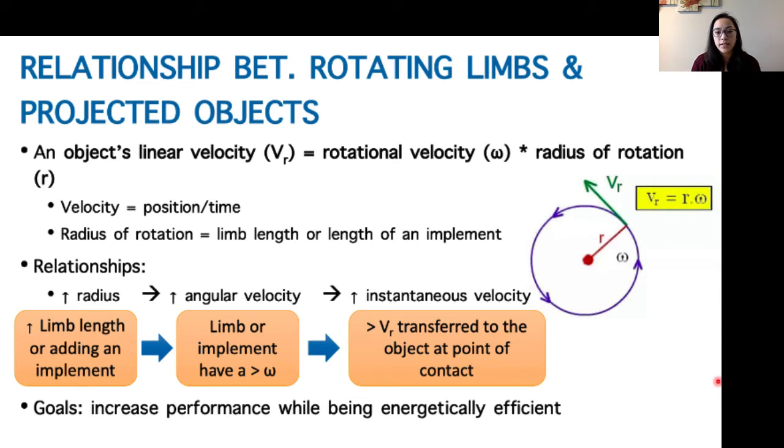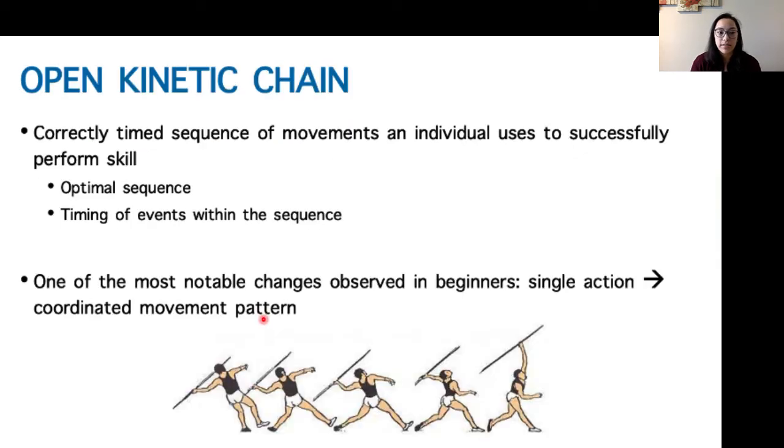When we consider skill progression, more proficient individuals will have a refined and smooth movement pattern that incorporates these aspects in conjunction with the timing of the movement and the sequence of the skill, which brings us to our next principle of motion, which is the open kinetic chain.